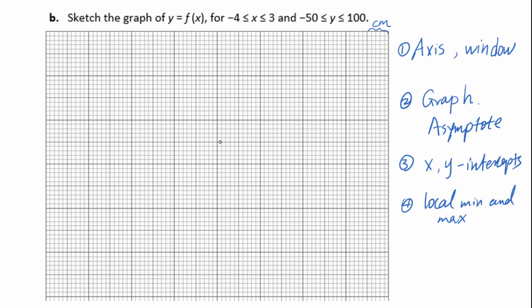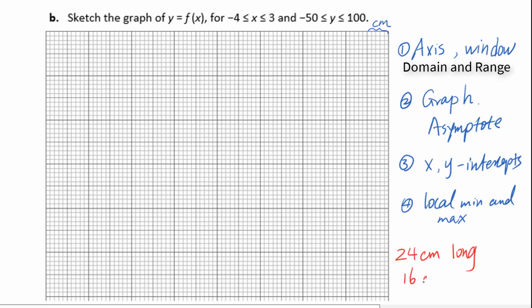Let's look at this IB graphing paper. The unit will be centimeters. It is 24 centimeters long and 16 centimeters wide. So how to decide the scale? Because they didn't give you the scale in this problem, we will do 3 minus -4.